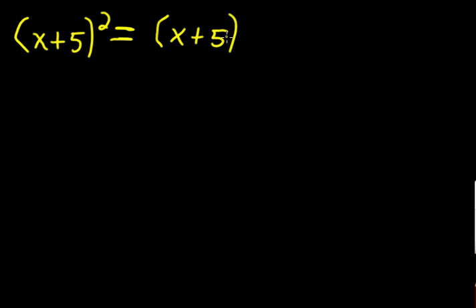So if I have a binomial x plus 5, and I square it, well, that's saying the same thing as I'm going to multiply x plus 5 times x plus 5. And so I'm able to FOIL this.